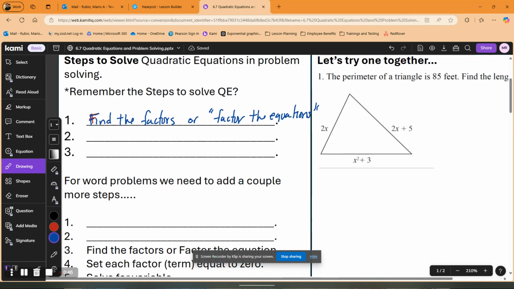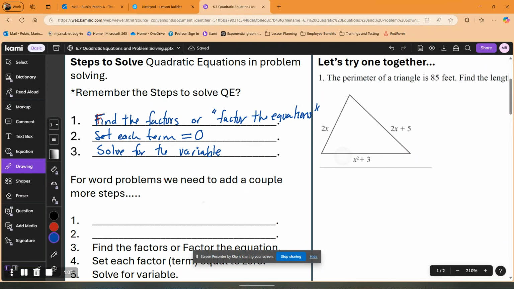The next step was set each term equal to 0. And then the last part was solve for the variable. You should have completed this activity on Friday of last week.